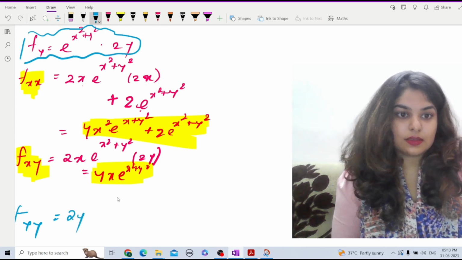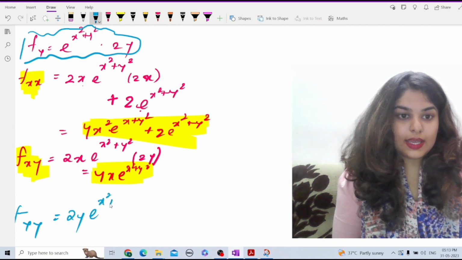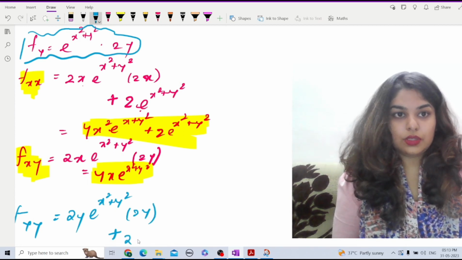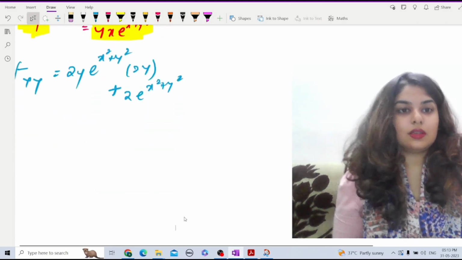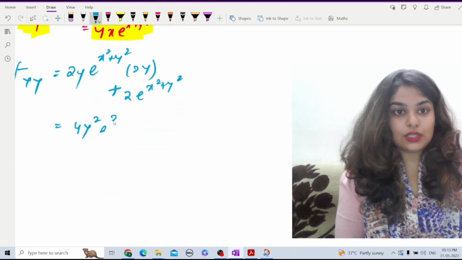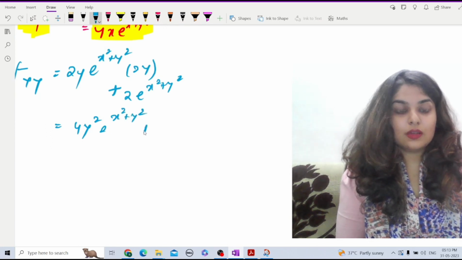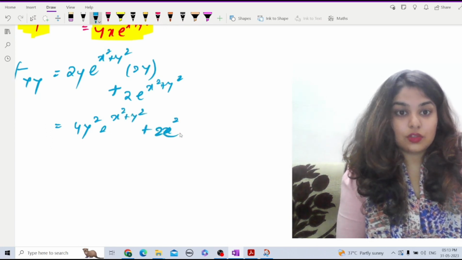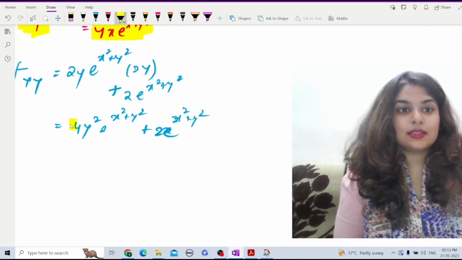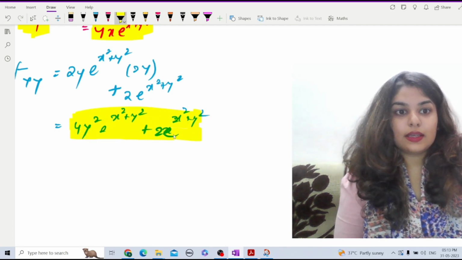So 2y remains as it is, and this is e to the power x square plus y square into 2y, plus now we have the derivative of y is 1, so that is only 2 e to the power x square plus y square. So in a much simplified way we can write down 4y square e to the power x square plus y square plus 2 e to the power x square plus y square. So let us highlight this as another element.